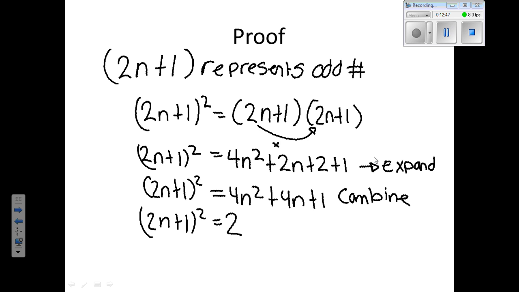Now, let's factor out. So, I grouped like terms that had a factor of 2. Since 2 times any number is even, the square of an odd number will always be an even number. Plus 1, we get odd. So we have proved our conjecture.